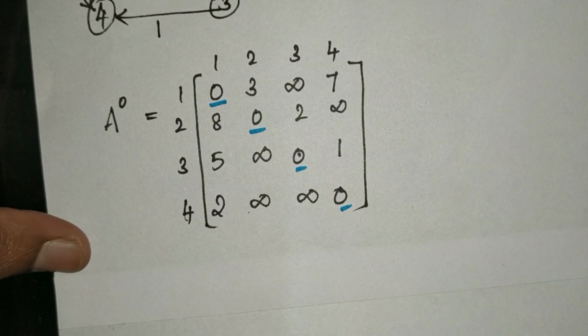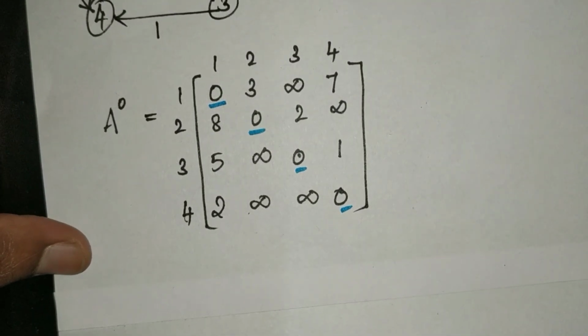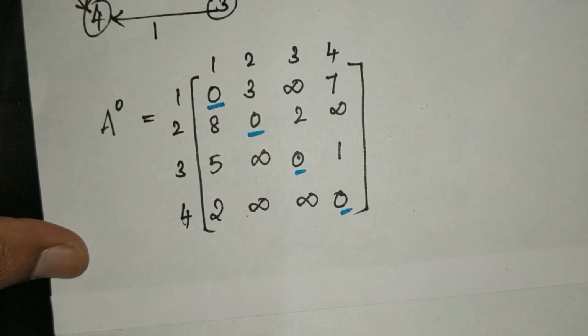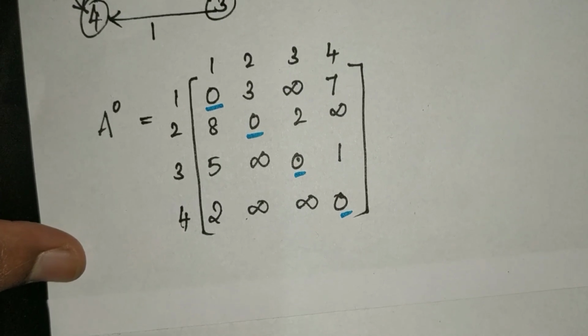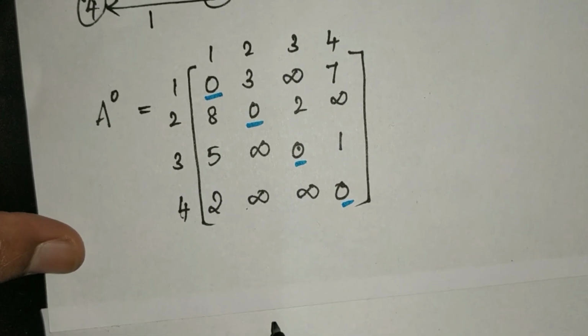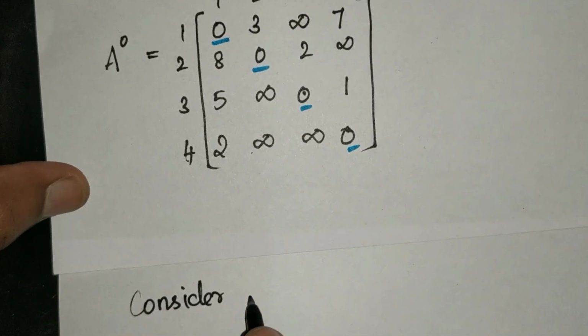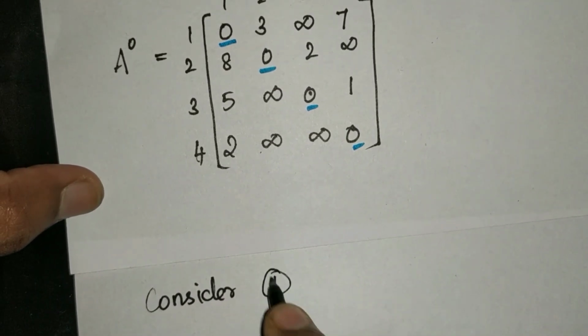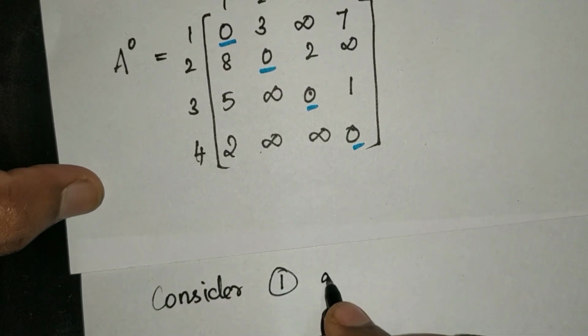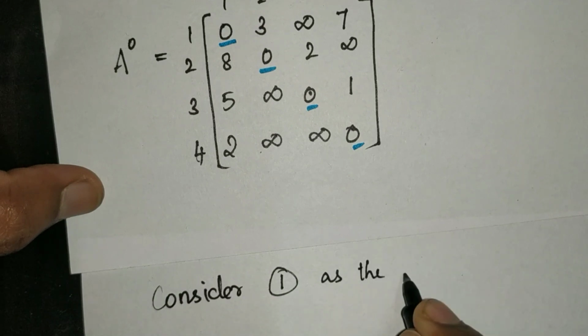So first, initially we are going to consider 1 as the intermediate vertex.